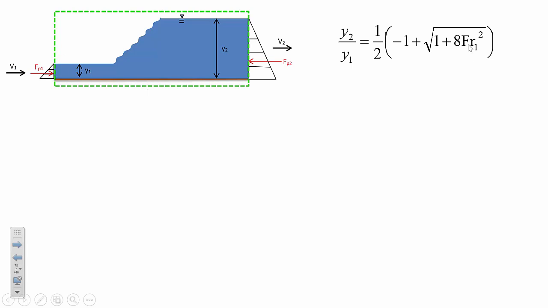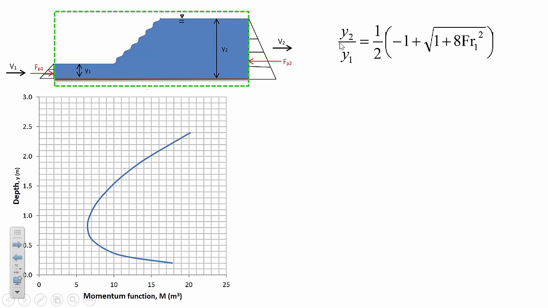So you'll notice this is Fr1, meaning before the jump. And so it predicts the conjugate depth, sometimes also called the sequent depth, meaning the depth with the same amount of momentum.